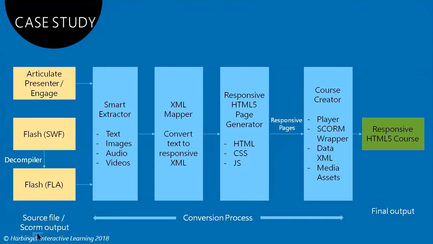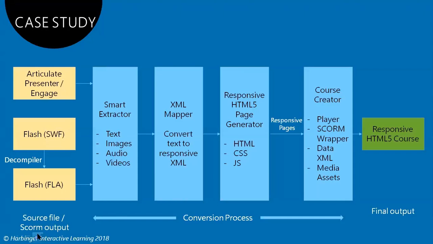Some of them could be in custom Flash, some of them could be in legacy tools like Articulate Presenter, Engage, Captivate, or Lectora. And over a period of time, the source files of some of these courses were either not available, or the other possibility was it was not sure if they were the same as the published SCORM packages. So that was the situation at the customer's end.